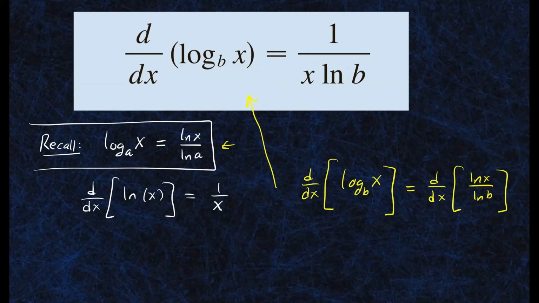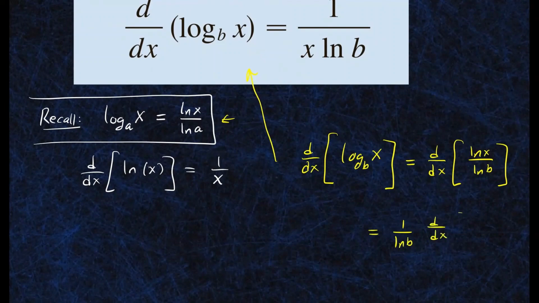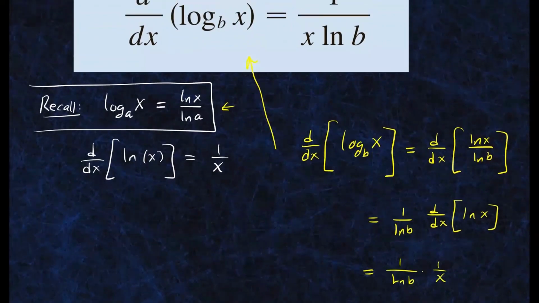And now, using the properties of differentiation, we know that this can be written as 1 over ln of b, that's just a number, so we can pull that outside of our differential operator. So this will be 1 over ln of b times the derivative of the function ln of x. And we know the derivative of ln of x is 1 over x. So this is simply 1 over ln of b times 1 over x. And that's what we got right here.